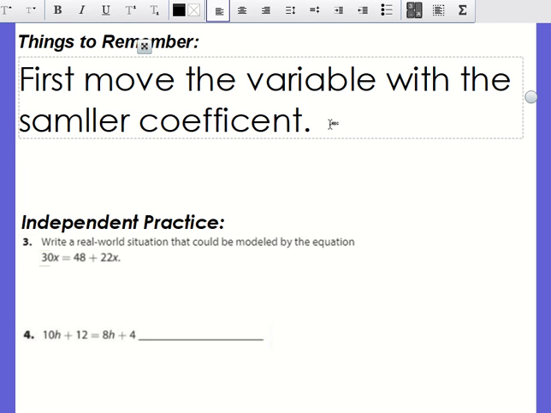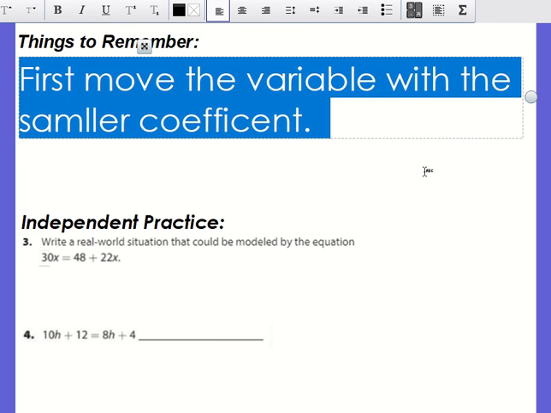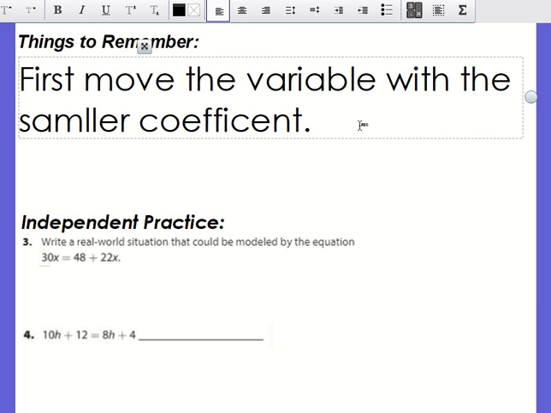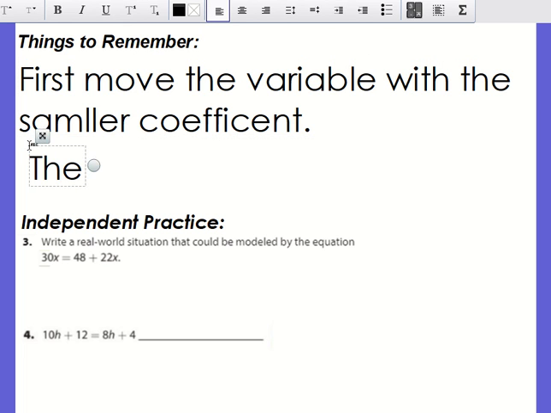Okay, that's probably the main thing to remember. Move the variable with that smaller coefficient, okay? Then move your constant. So that'll probably be next. Then move the constant.